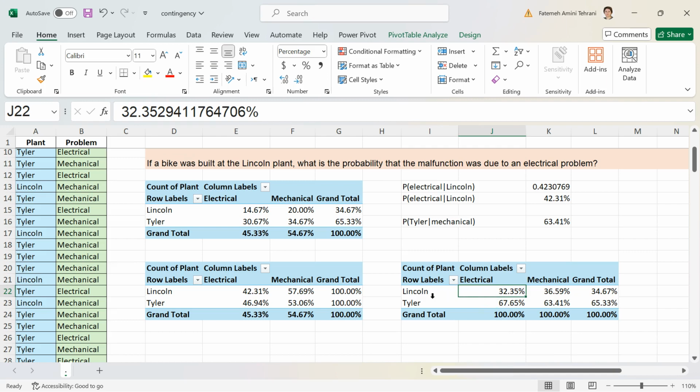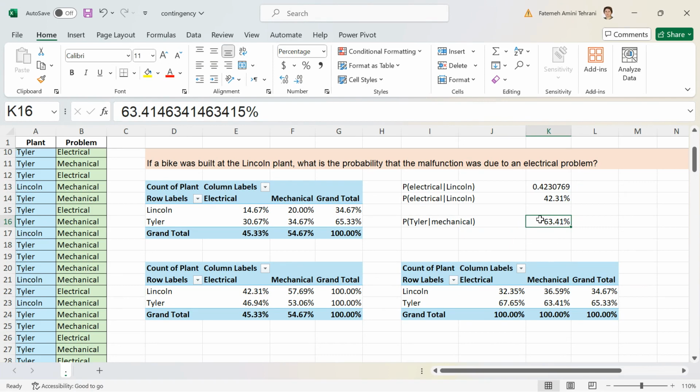It's the probability that the bike was built at Lincoln if it has an electrical problem. And what about this number? 67.65% is the probability that the bike was built at Tyler plant if it has an electrical problem.